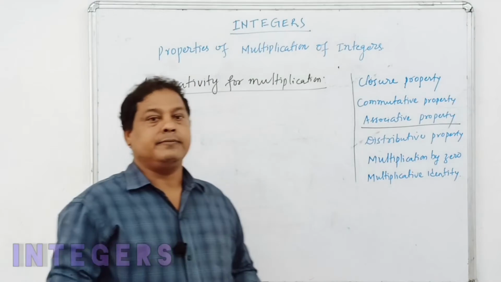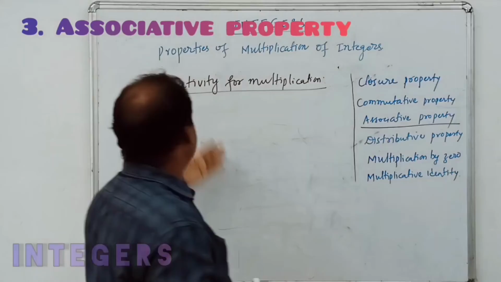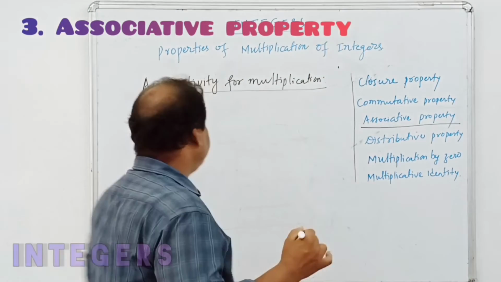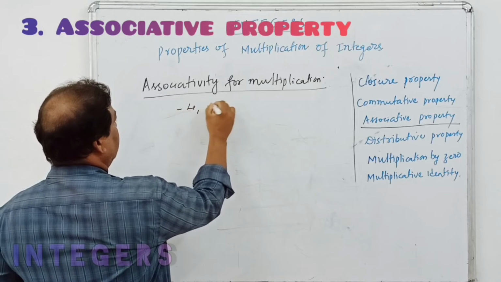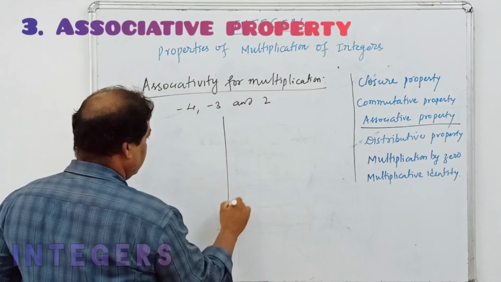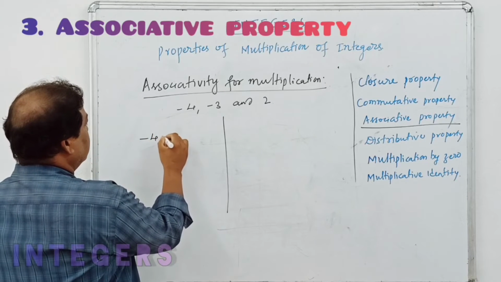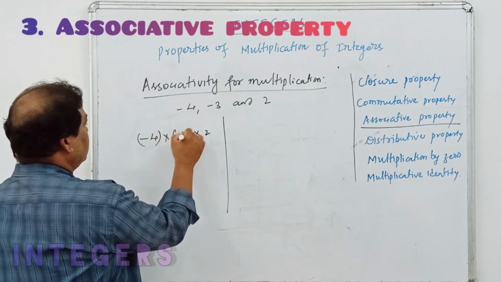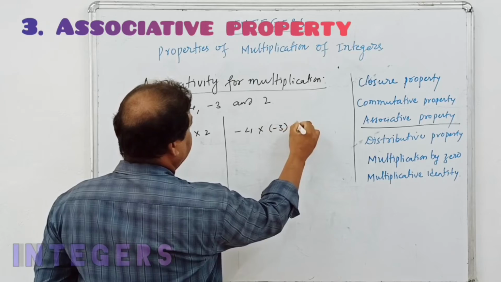Now let us see the next property, the associative property for multiplication. Let us consider the numbers minus 4, minus 3 and 2.